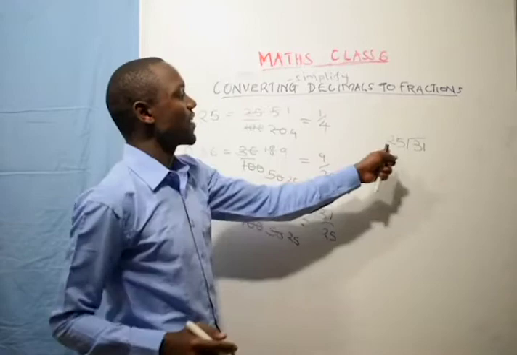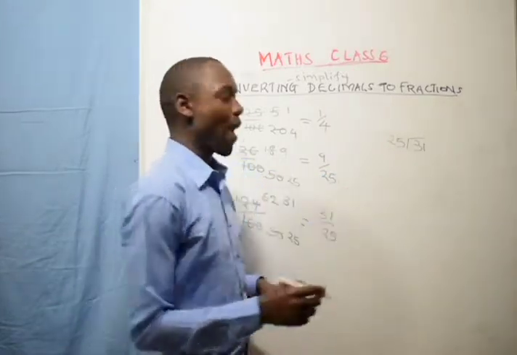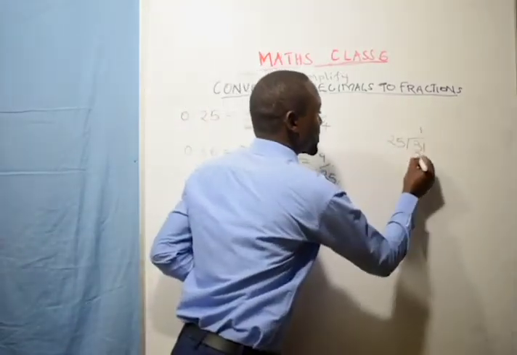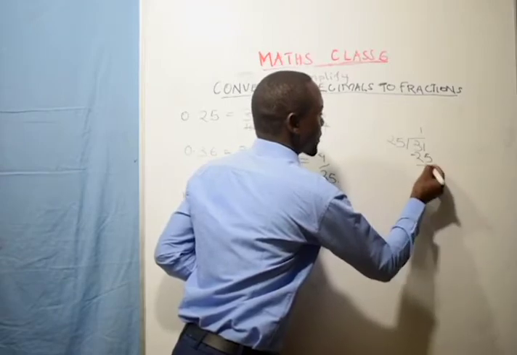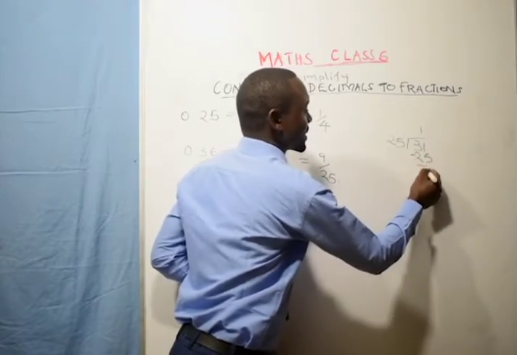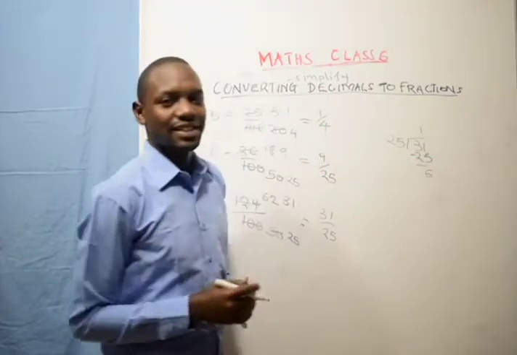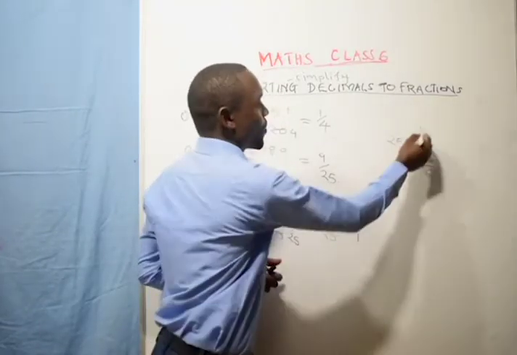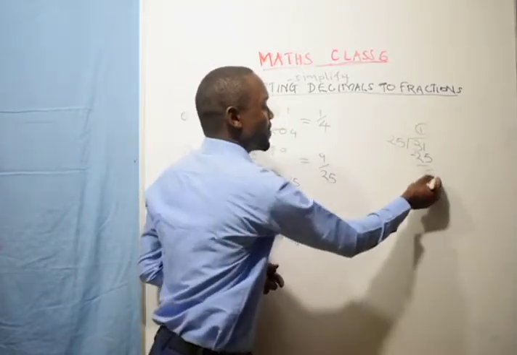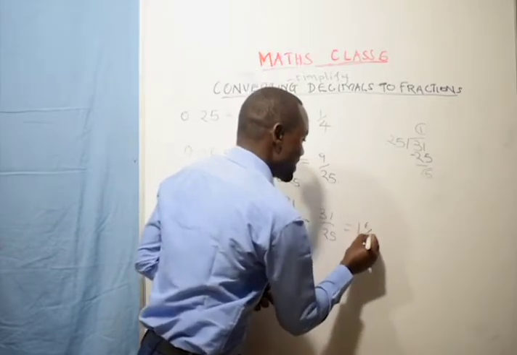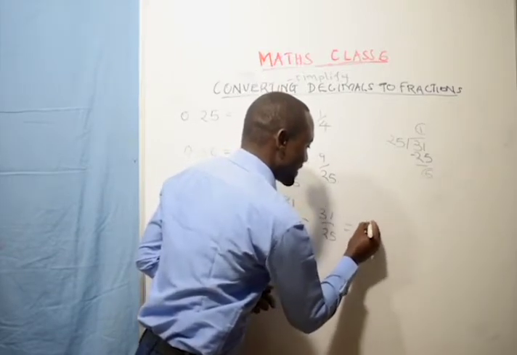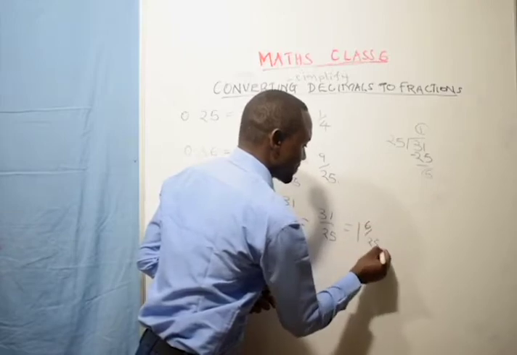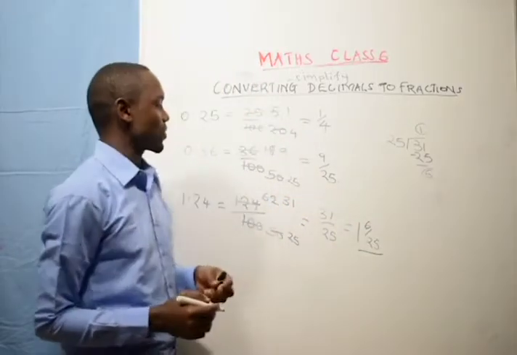How many times will 25 go into 31? It is 1, because of 25. Then subtract: 31 minus 25, we get 6. So this is a mixed fraction. It will be 1, the whole number, then the remainder, 6 over 25. 1 and 6 over 25.